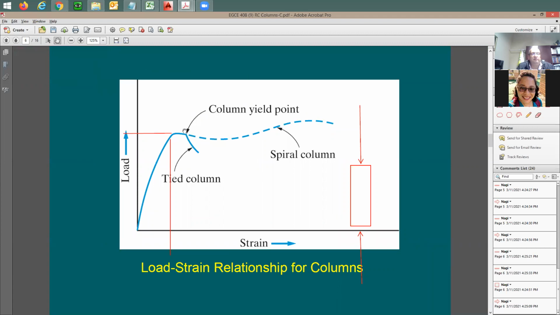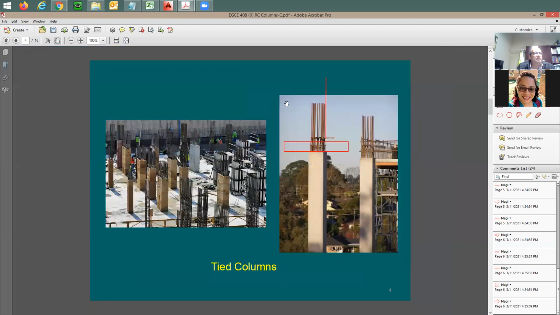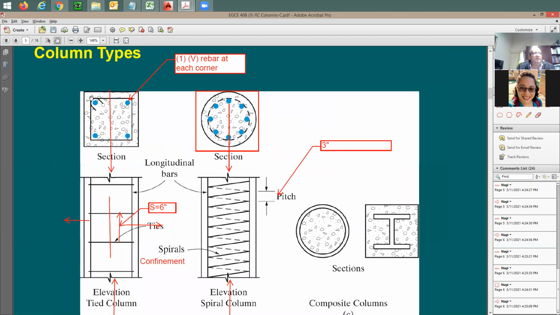In the spiral column, it continues to support loads because there's no lock here to open. See here? You don't have this hook. You don't have it here. It happens at the top and the bottom, where you do a couple of rounds of the spiral bar on the top and a couple on the bottom, so it's very tight top and bottom.